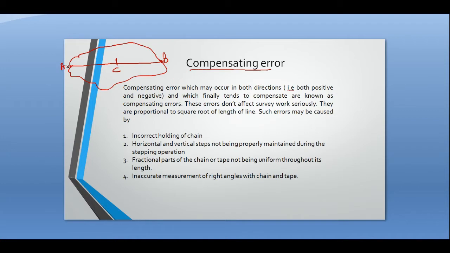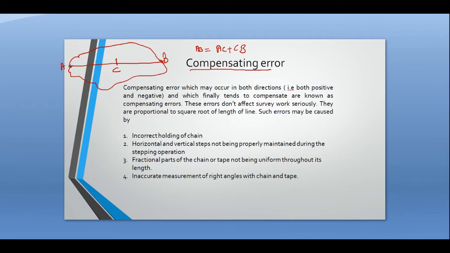It means we start from the outer boundary points and move in an inward direction. Suppose this total distance is AB, and AB is equal to AC plus CB. It will be measured in two parts, A to C and C to B.